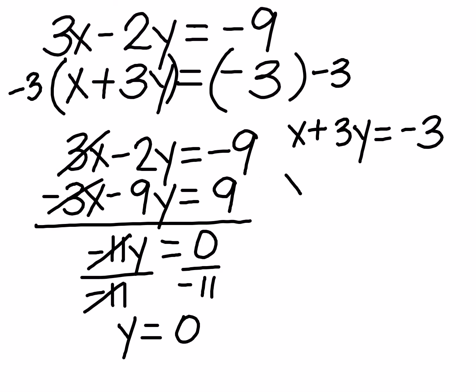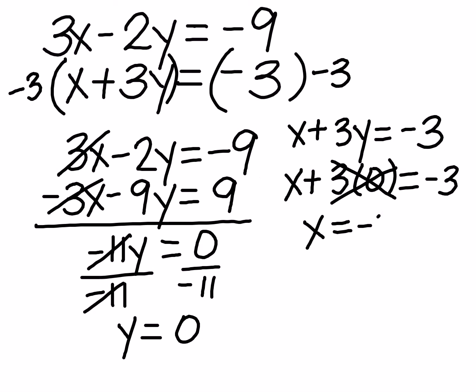We have x plus 3, we're going to substitute 0 for y, equal negative 3. 3 times 0 is 0. So my answer is x equal negative 3. My ordered pair would be negative 3, 0. Remember, x is first and y is second.